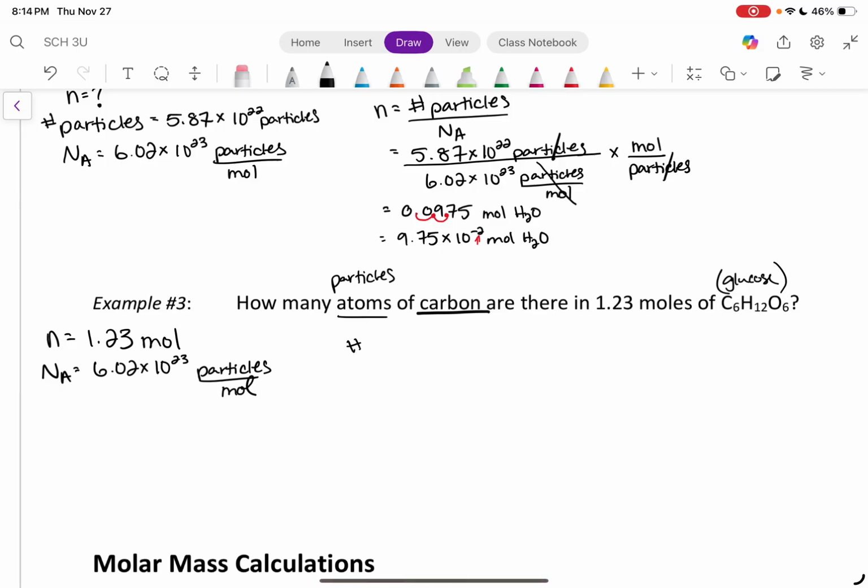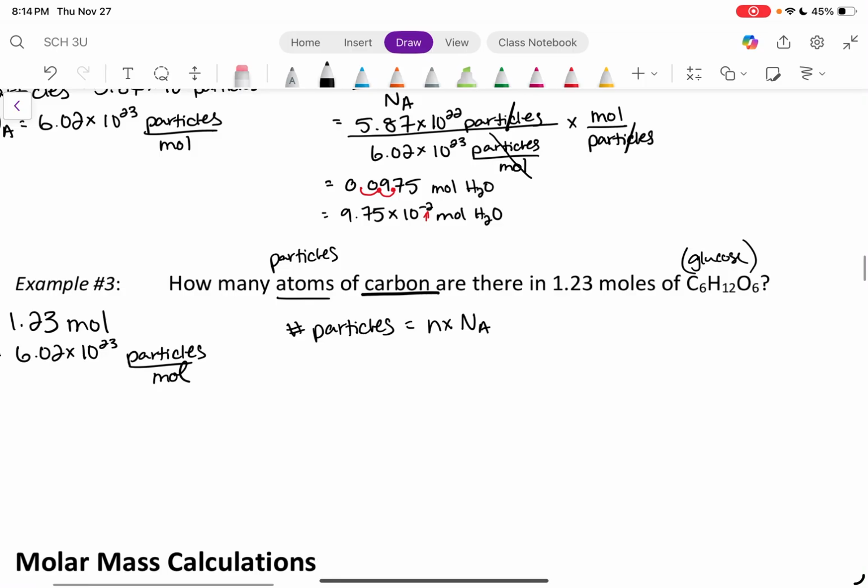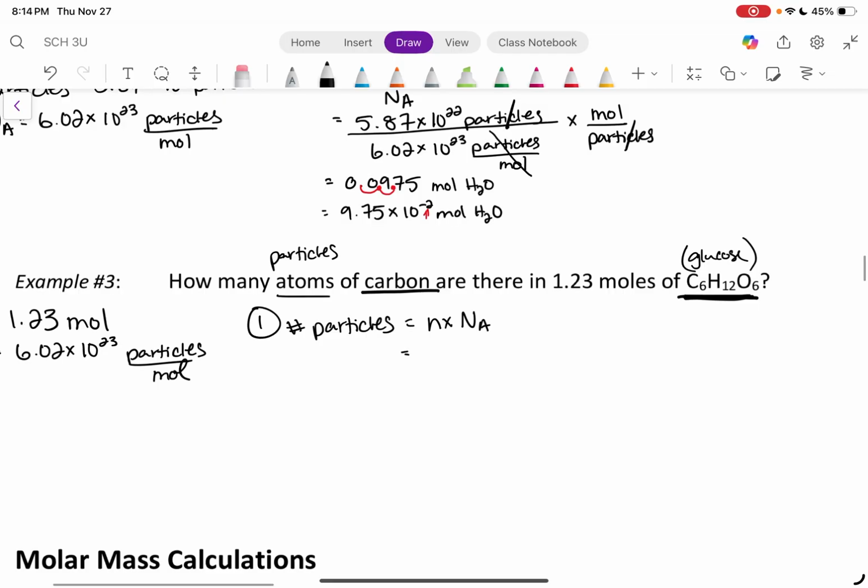I'm going to use my number of particles formula to solve for the number of particles, except what I'm solving for right now is the number of particles, or the number of glucose molecules. So there will be a step 2 after that. This is step 1. Step 1 is we need to find out how many molecules, right, or the number of particles of glucose. So I'm going to sub in my numbers.